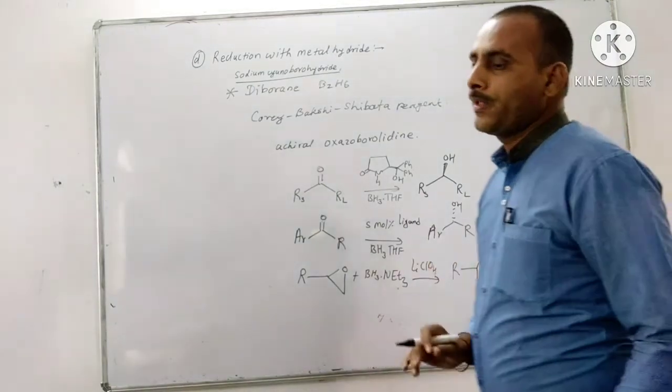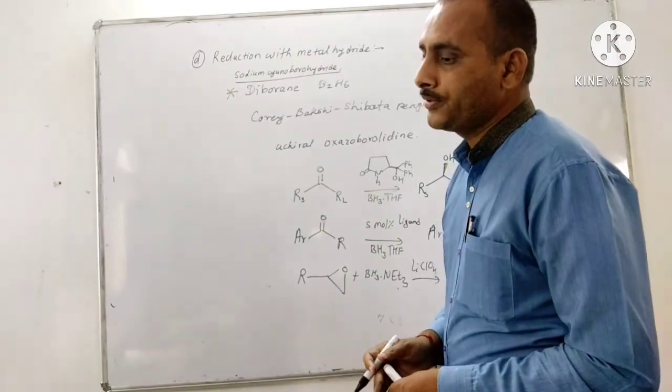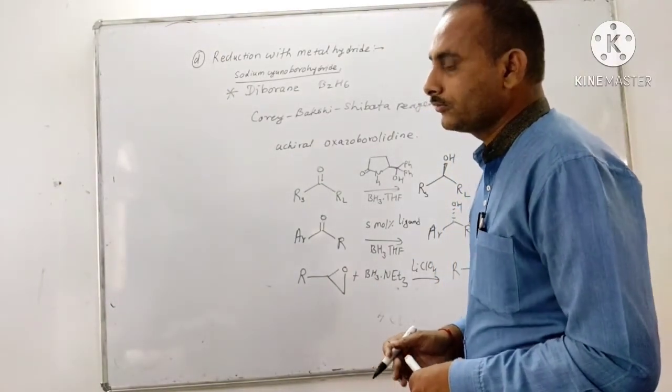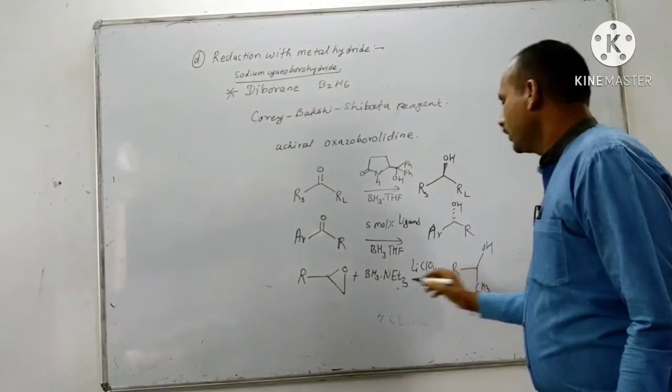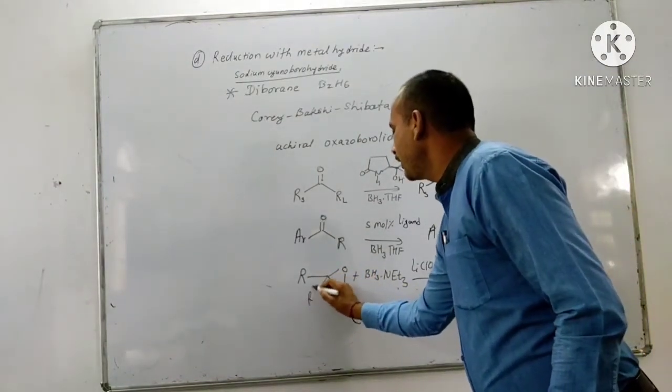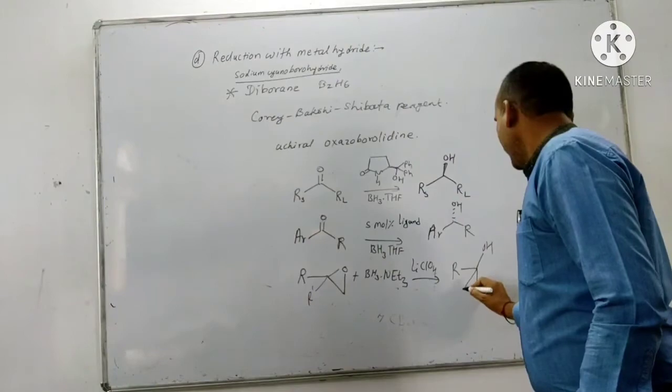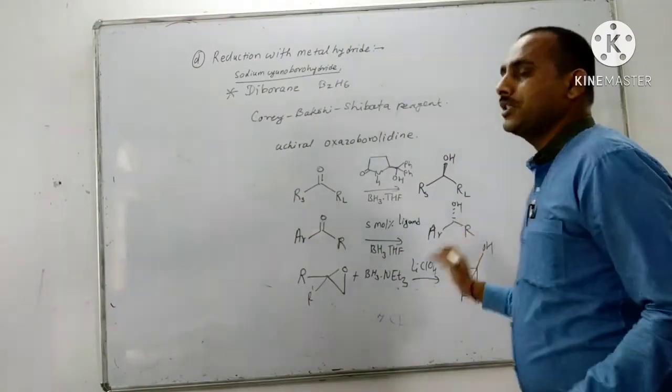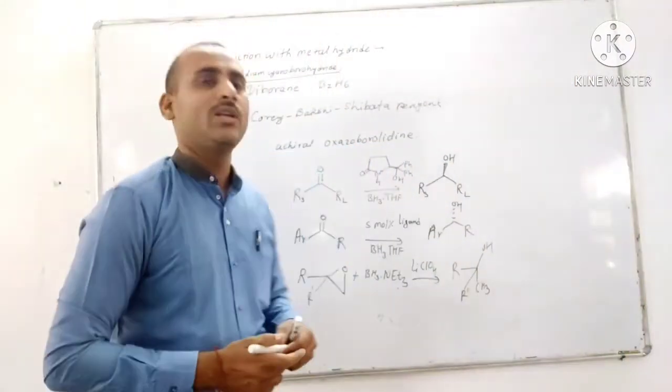So this type of alcohol is formed. If there is R group, R dash, then there is R dash. So such type of alcohol is formed from the borane.